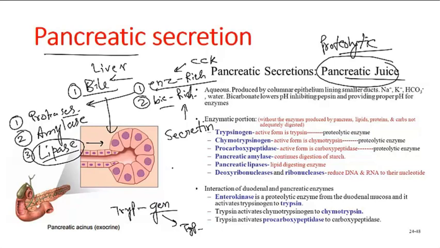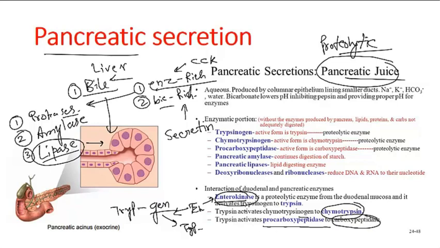And actually enterokinase is the enzyme that helps in the conversion of trypsinogen into trypsin. Once produced, this trypsin activates chymotrypsinogen into chymotrypsin, and then trypsin activates procarboxypeptidase to produce carboxypeptidase.